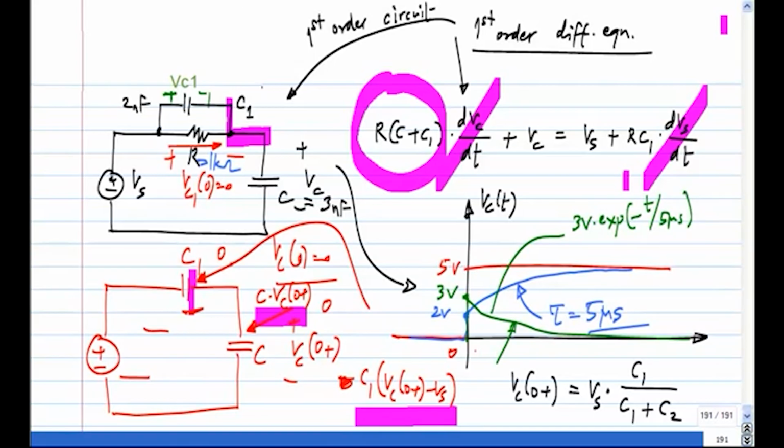And the equation for this blue stuff would be what? 5 volts minus 3 volts exponential. It's not 5 volts, because that would mean it starts from 0. It starts from 2 volts. So it is 5 volts minus 3 volts exponential minus t by 5 microseconds.